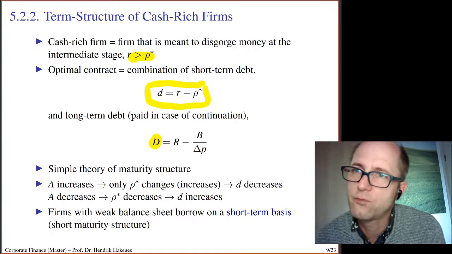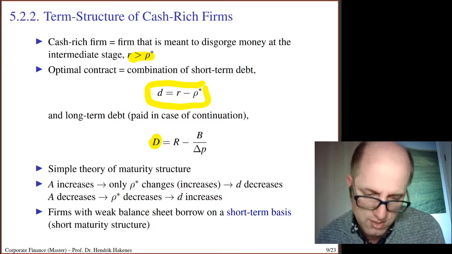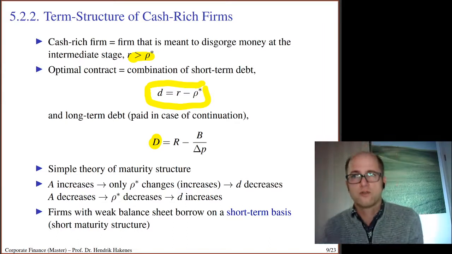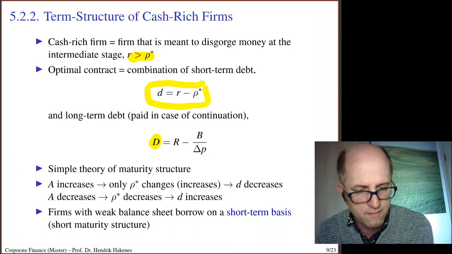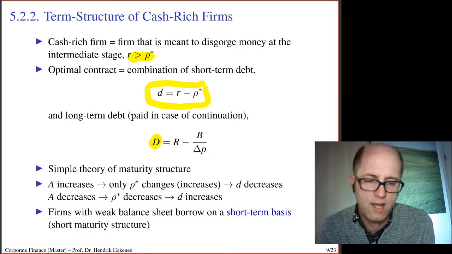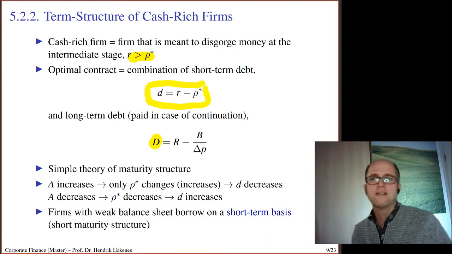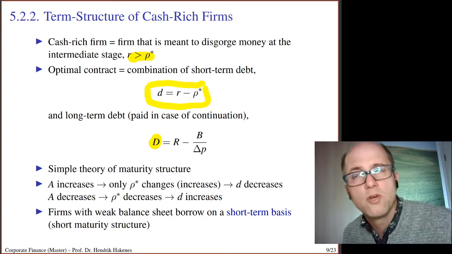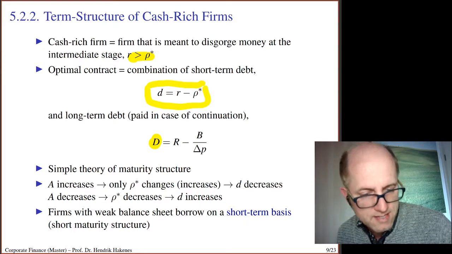How does that influence the duration of the debt structure? Will she take more long-term debt or more short-term debt? Let's see. Well, the long-term debt, the uppercase D, is independent of A. There's no A in the equation for uppercase D. But there is an A in the equation for lowercase d, but it's hidden because the rho star is an endogenous variable. So the A is hidden somewhere in the rho star.